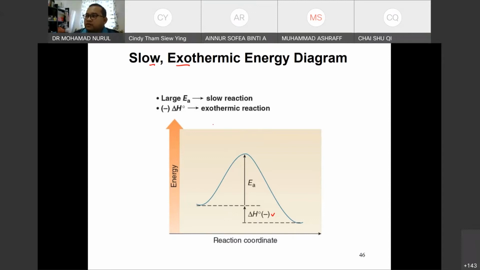In this case, they have a large activation energy, which means they are slow reactions, and a negative value of delta H, so it's an exothermic reaction. As usual, you have starting material, transition state, product.